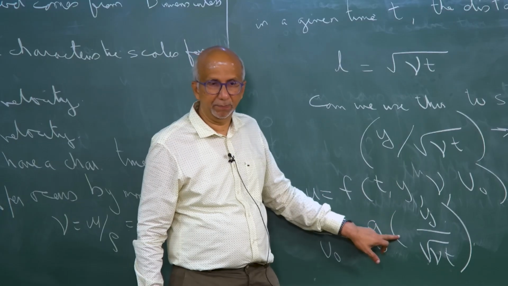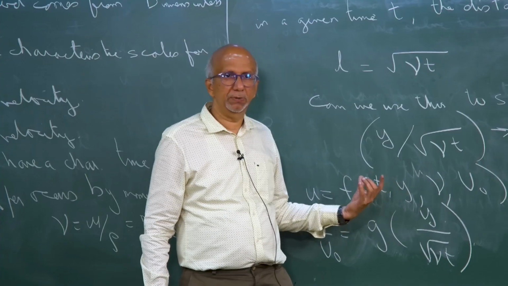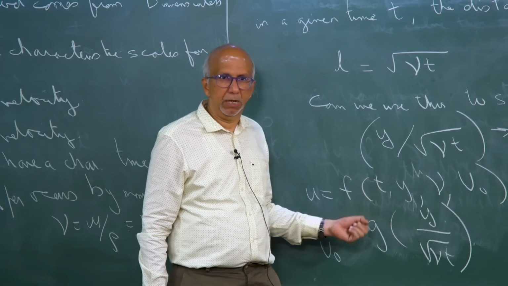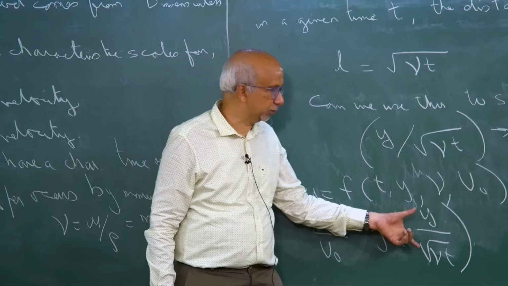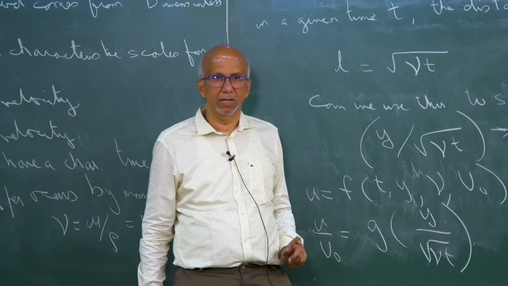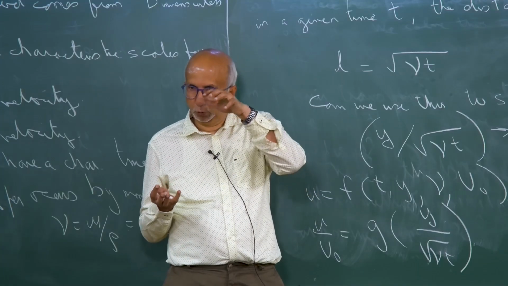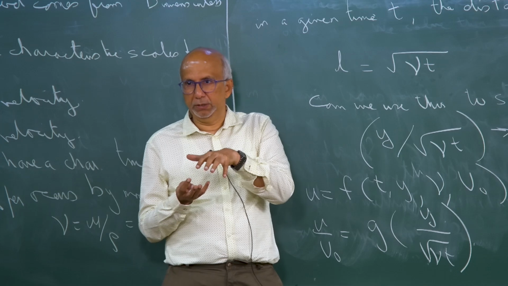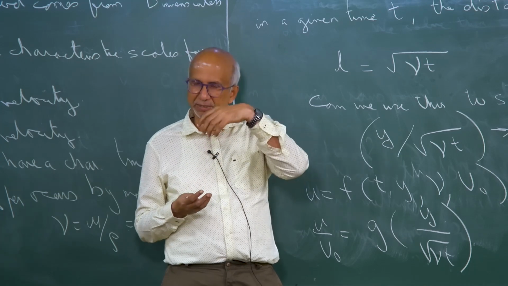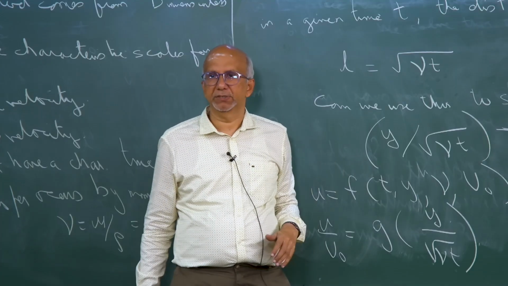So, we are going to seek, since this is a dimensionless group, is it possible to have a solution where u depends upon this combination of y divided by square root of nu t. Okay. The dependence of u is on the group y divided by square root of nu t. It is on y and t, but I can look at the combination.